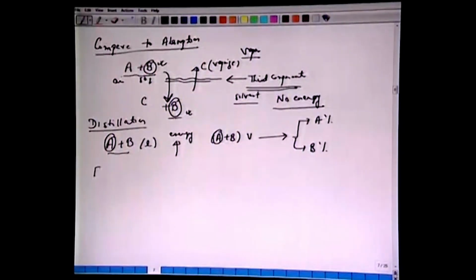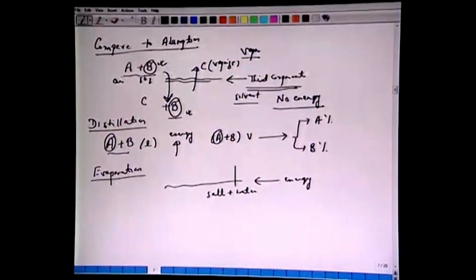If you have evaporation, compare this to another unit operation. Evaporation, which you may have done in some other course, mass transfer 1, where we have salt plus water. You give energy to vaporize, now you have water, and the salt does not get vaporized.